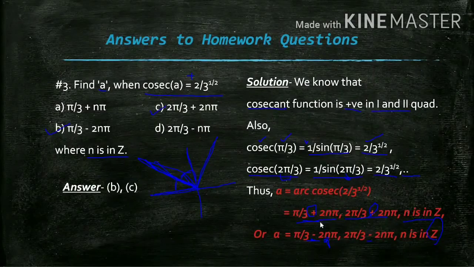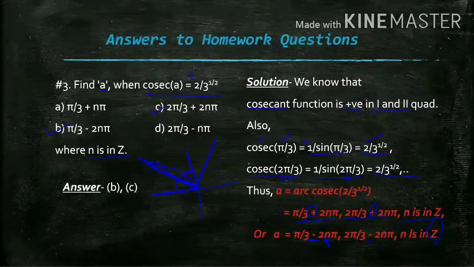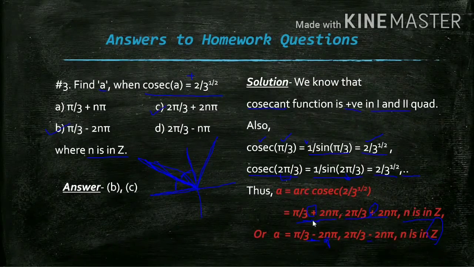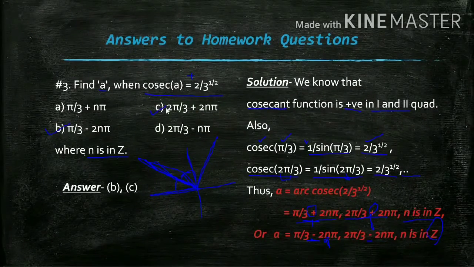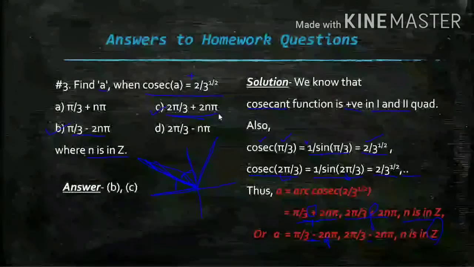That means depending upon the value of n, I'll get all the values. I need not take care of this sign. It can either be positive or negative, so these two options are correct: pi by 3 minus 2n pi and 2 pi by 3 plus 2n pi.